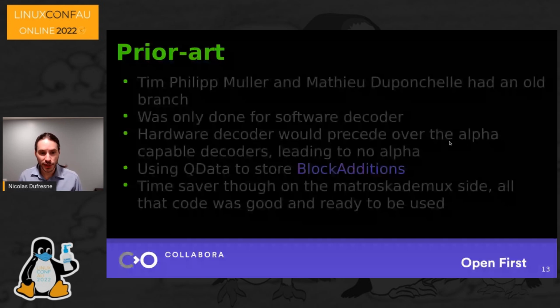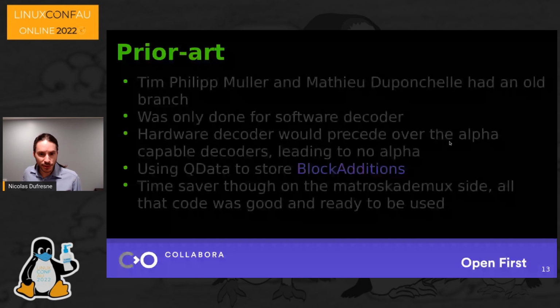And that was really good, because Tim-Philippe Muller and Mathieu Duponchel actually had an old branch which was implementing that for software decoding. There were a bunch of little issues that led to it not making it upstream. Basically, it was only a software decoder.